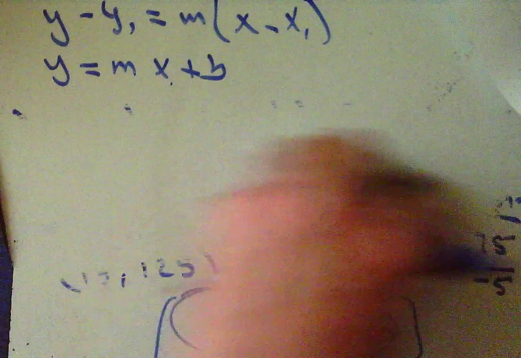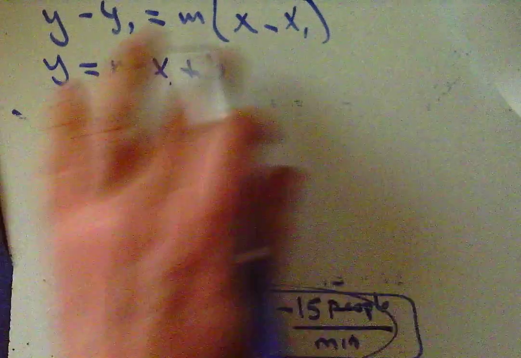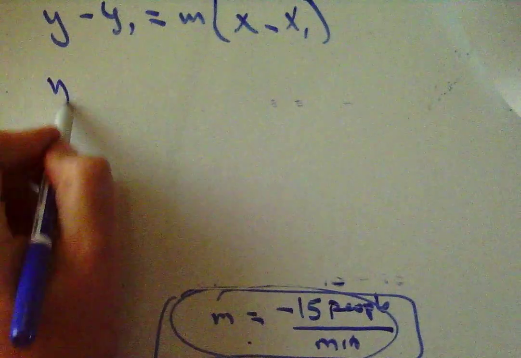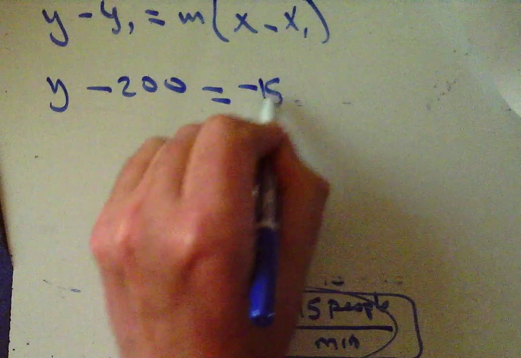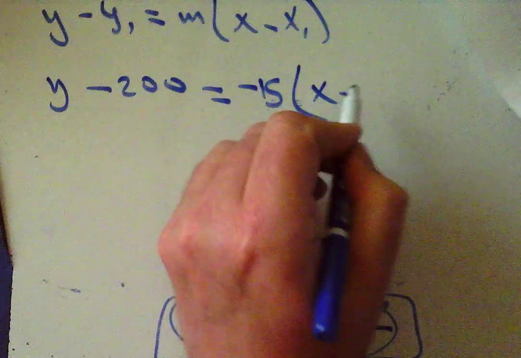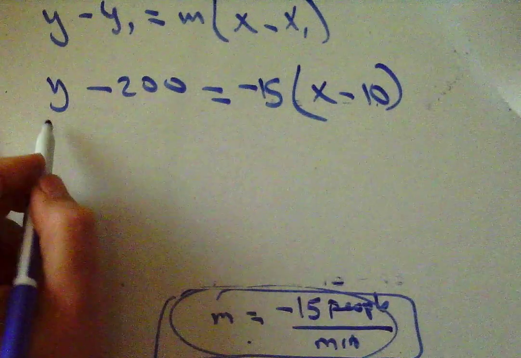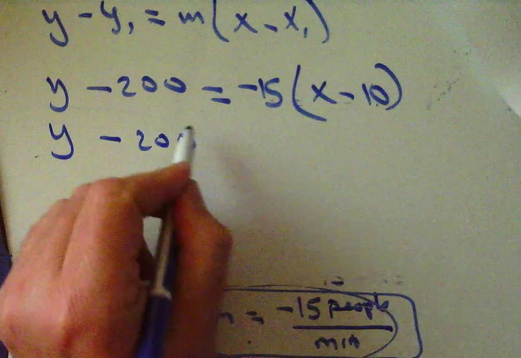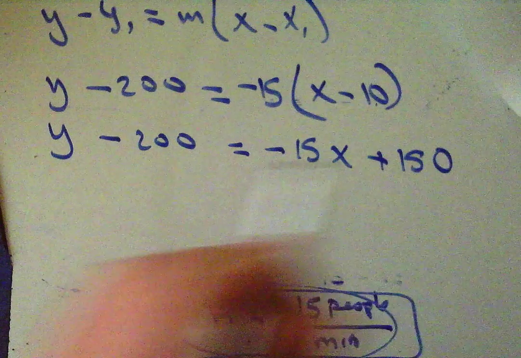Okay, so what do we got here? I'm using this one. Okay, so y minus 200 equals negative 15 times x minus 10. At 10 minutes, there were 200 people in line. Y minus 200 equals negative 15x plus 150.